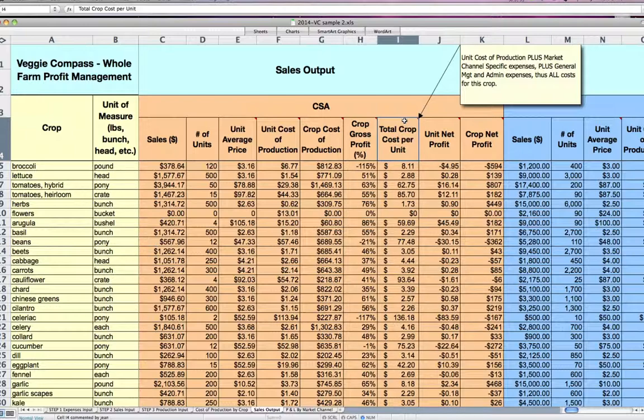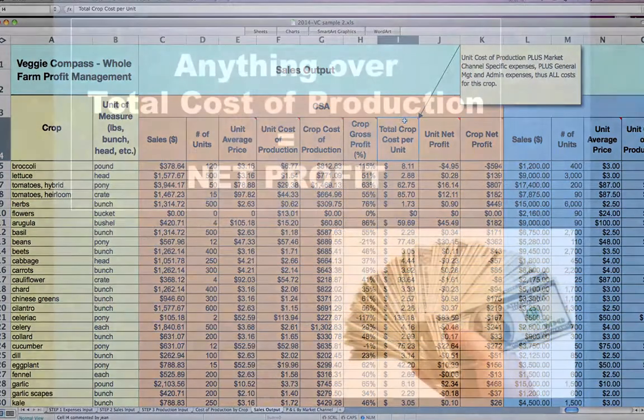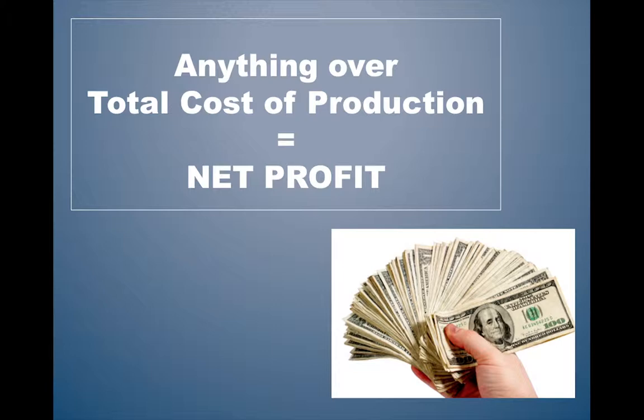Remember, we have some expenses that are specific to a market channel, and remember we had some general management expenses that we haven't yet seen applied to our costs. Now this finally gets considered, and here is a grand total figure, one that takes every expense into account. To make a profit, you need to get at least this much money for your crop.